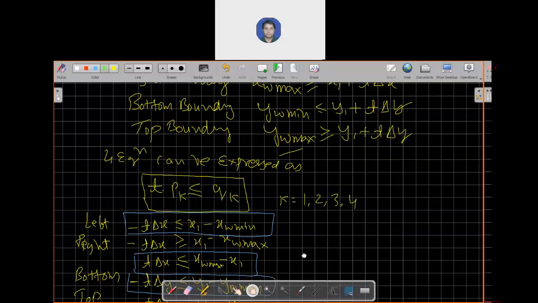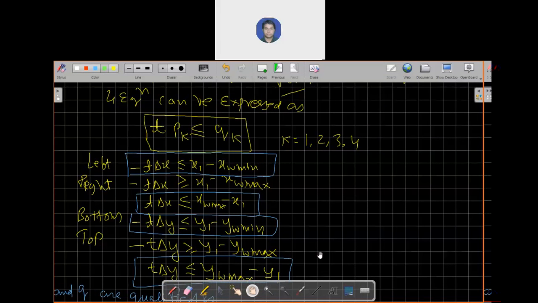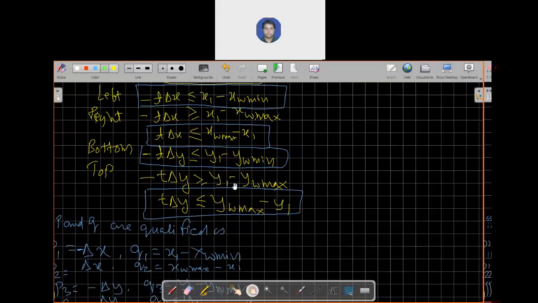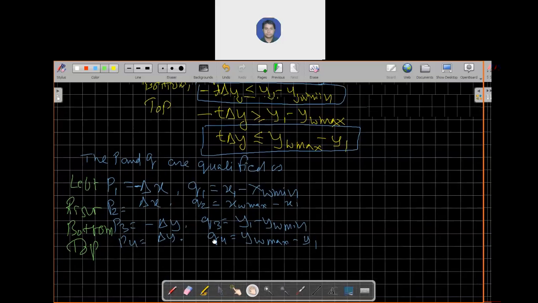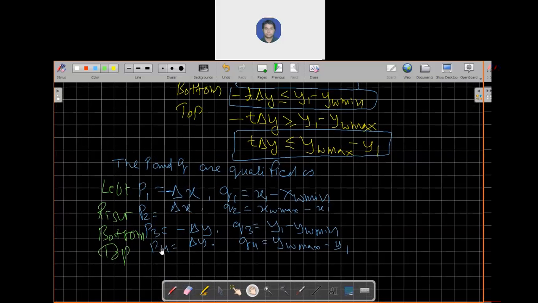Here we get this common form, and after this we write the values of p1, p2, p3, p4 and q1, q2, q3, q4. We have not done anything new. We are just substituting the value from one equation into another and finding the values of p1, p2, p3, p4 for the left, right, bottom, and top boundaries.